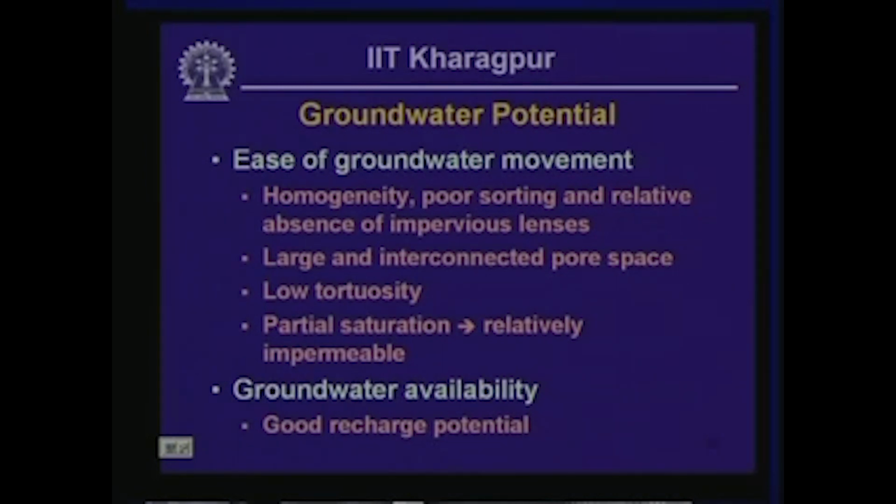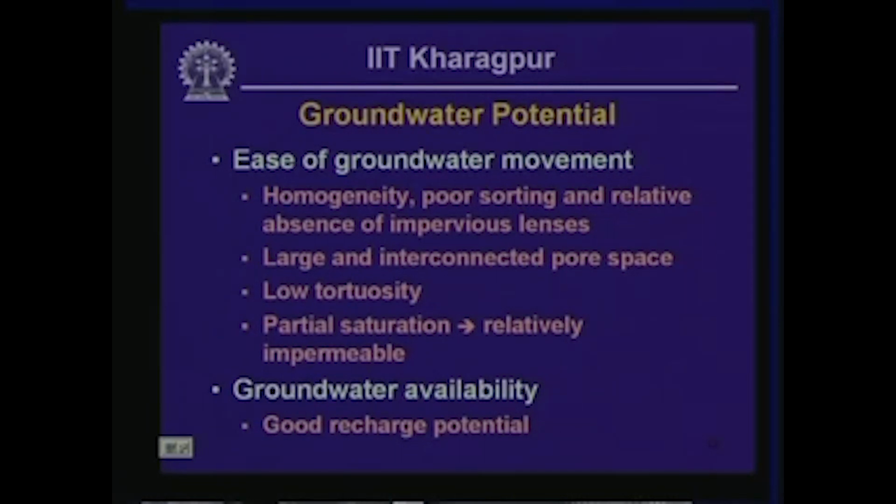And what is better is that the grain size distribution of the water bearing formation should be well sorted. In other words, the grain sizes that compose the aquifer would be quite similar, and there should be relative absence of impervious lenses within the mass of the aquifer.